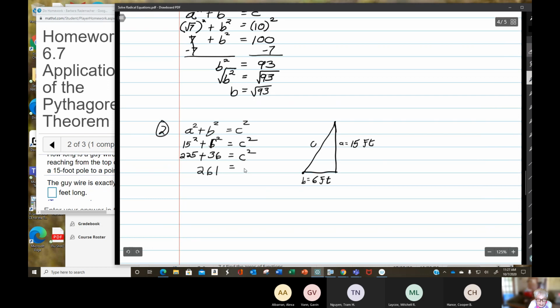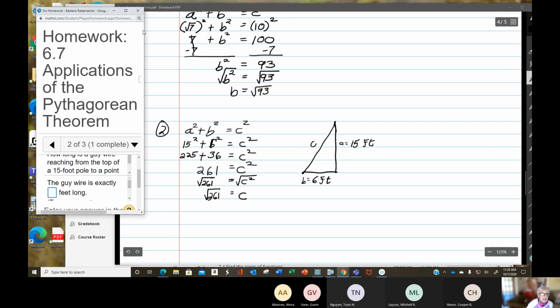That'll give me 261, and then I'll take the square root of both sides. The exact answer for C is the square root of 261. Let me see if they agree.